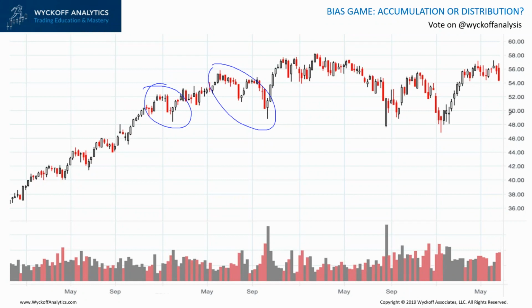And you could most definitely consider this reaction right here that has this 1, 2, 3, A, B, C type of pattern, you can consider this a change of character. And then, as we labeled before, preliminary supply, there is a little bit of the climactic run here, so let's just tentatively put it like this.